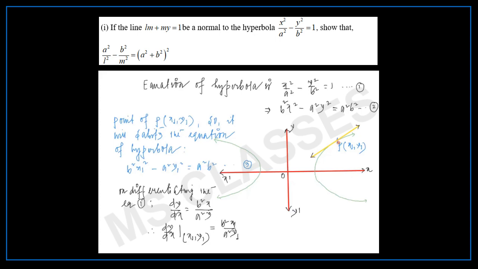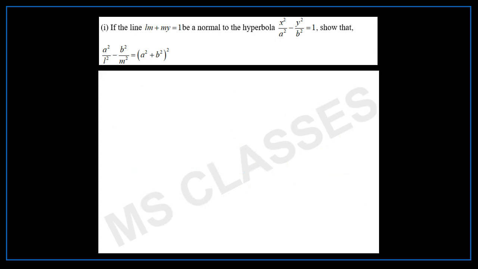So if we take a normal line at the point P, let me shift the point P, otherwise it will not be visible. So this is the point P. Here a normal line has been drawn. So we can find the slope of the normal line.